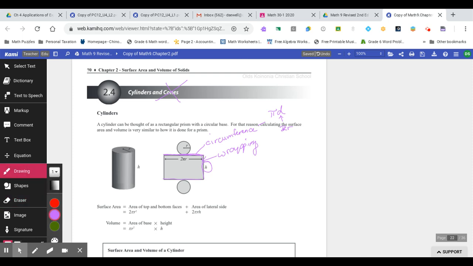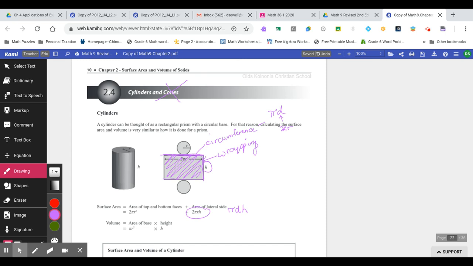So you can learn it as pi d, or you can do 2 pi r. Either way, to find the area of this rectangular surface, you need to have 2 pi r times the h. So this might be what you're used to seeing, or you might also know it as pi dh. It's exactly the same thing, just instead of 2 radii, I'm using the diameter instead.